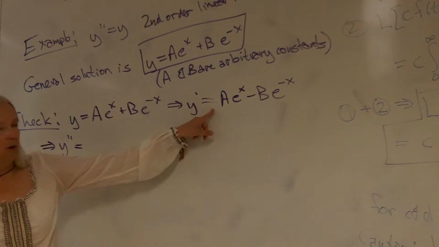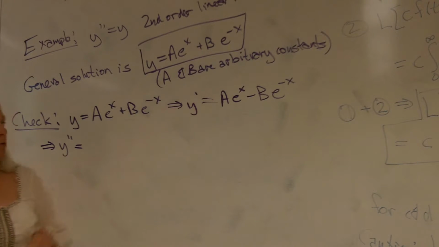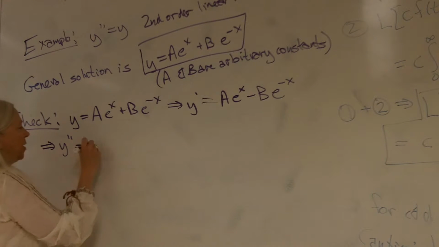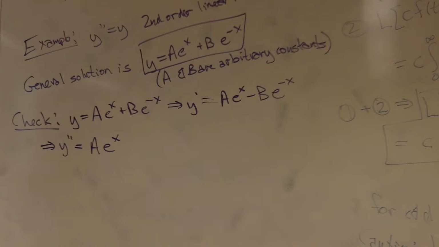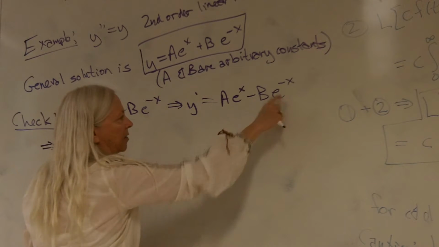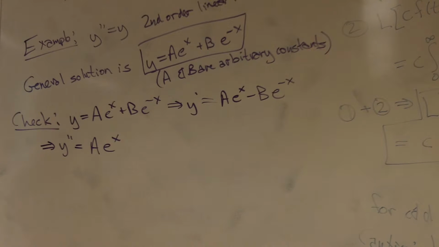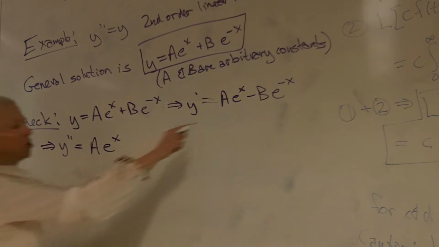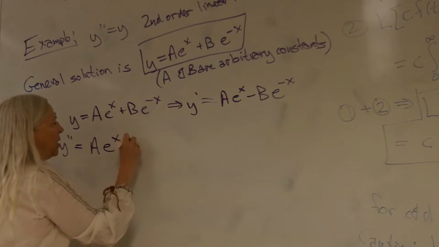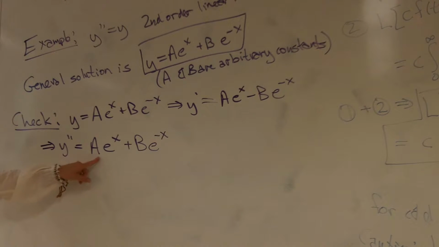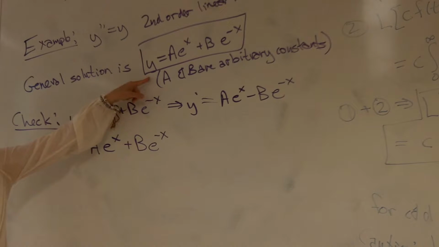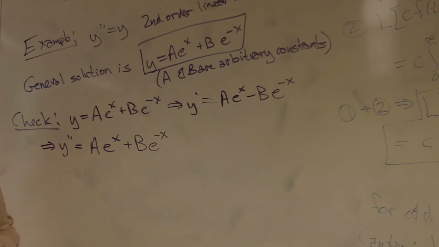Then let's differentiate once more to get y double prime. Again, the derivative of e to the x is just e to the x, and the a comes along for the ride. When I differentiate this term, I get the same exponential back, but I bring a minus sign out in front, which changes this back to a plus sign again. And notice that that is the same as the expression for y that I began with.